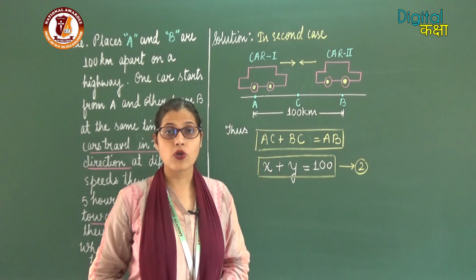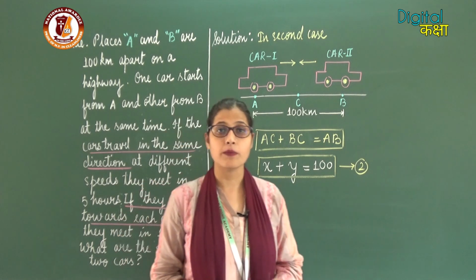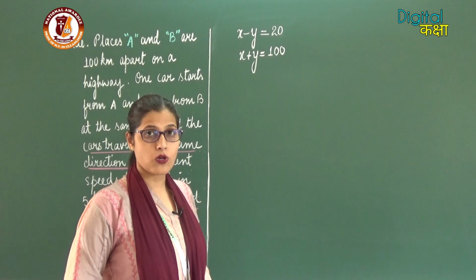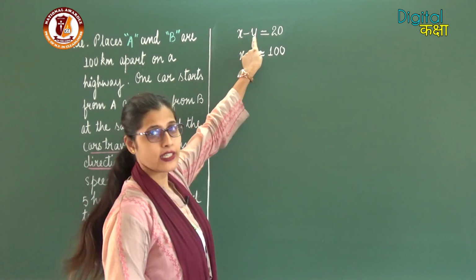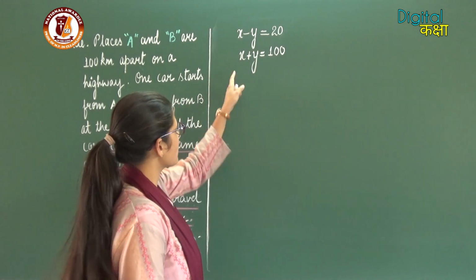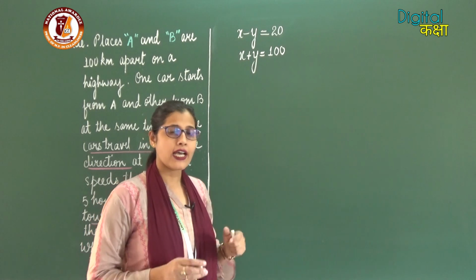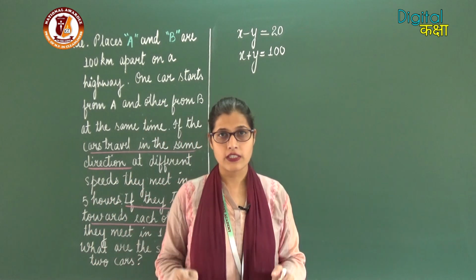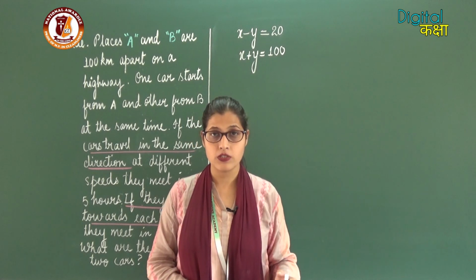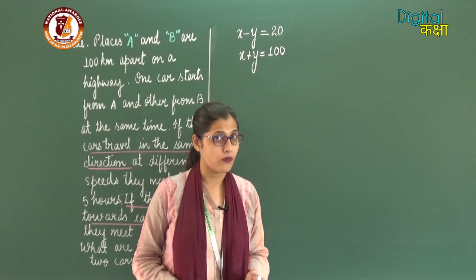Now, we will be solving both the equations by using the cross multiplication method. Since our equations were x minus y equals 20 and the other equation was x plus y equals 100. As I told you earlier, before solving by the cross multiplication method, you need to convert the equations into the standard form.